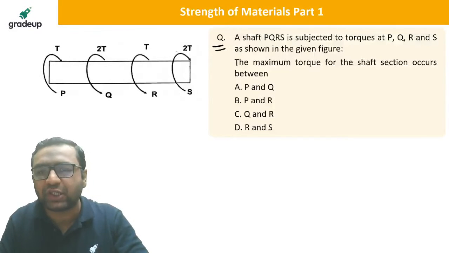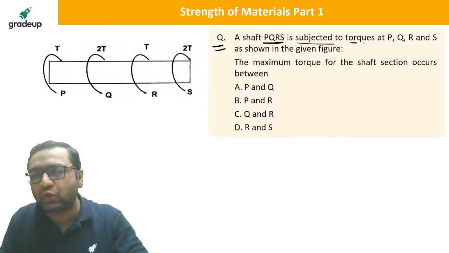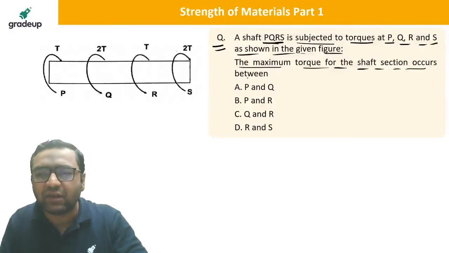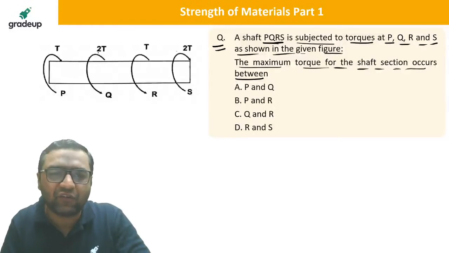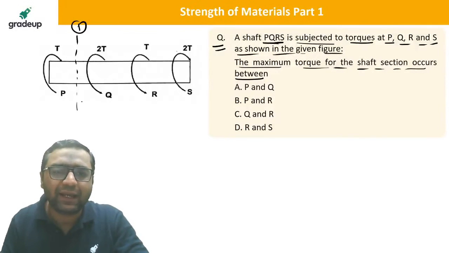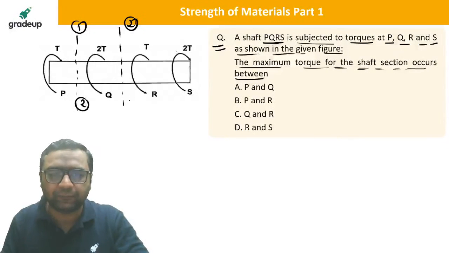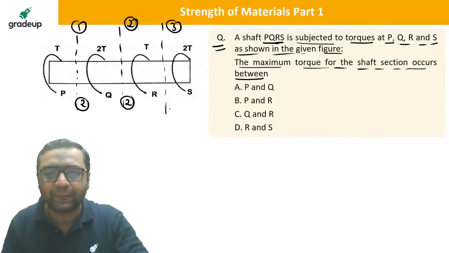This is from Torsion. A shaft PQRS is subjected to torques at P, Q, R and S as shown in the figure. The maximum torque for the shaft in the section. So guys, you need to apply the method of section. In this PQRS, we can make various sections. These are section 1-1, section 2-2 and section 3-3.